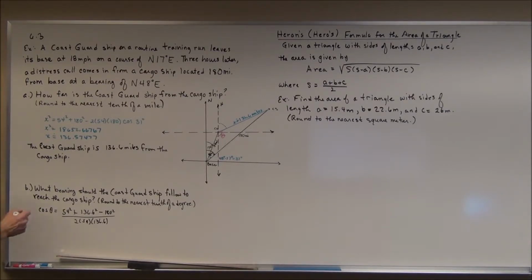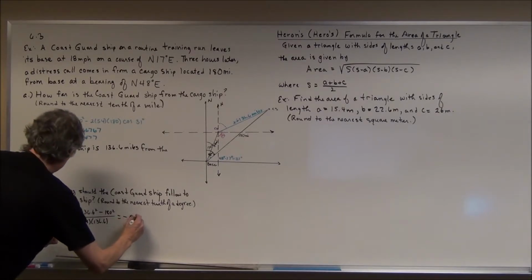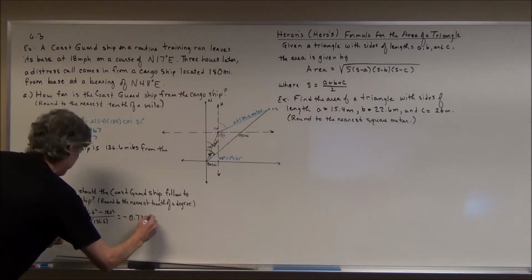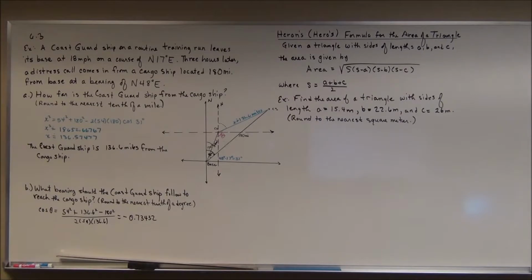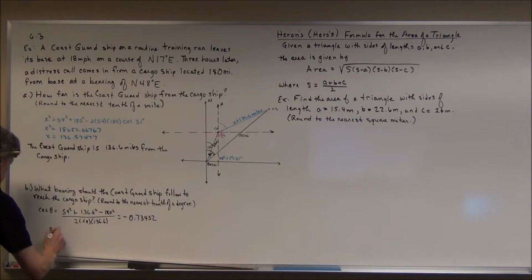It looks like it's going to be obtuse. So I get negative 0.73432.